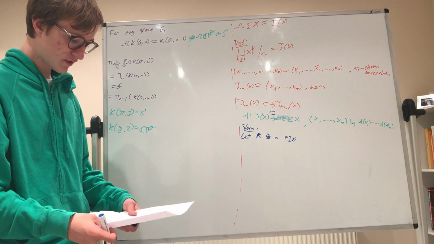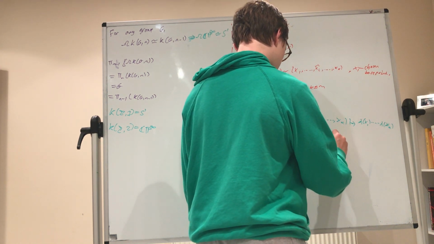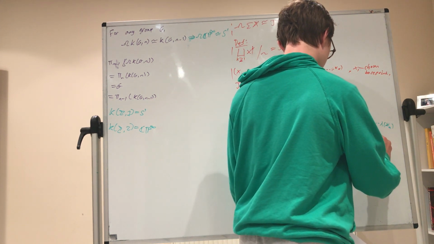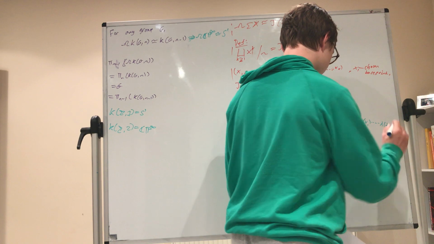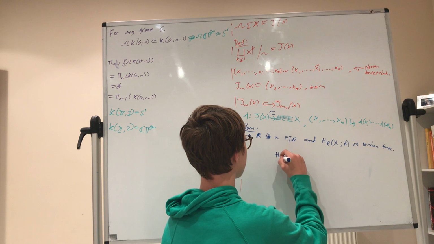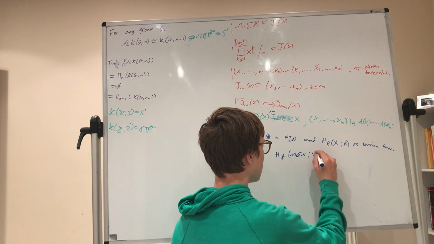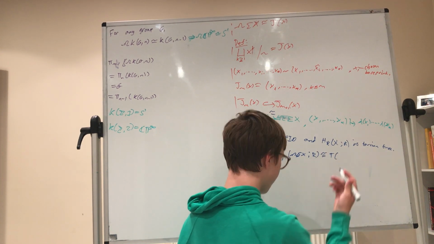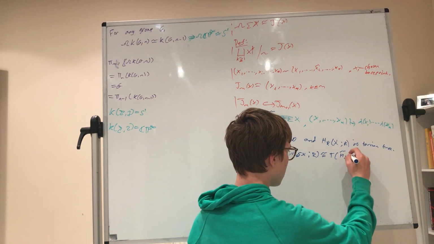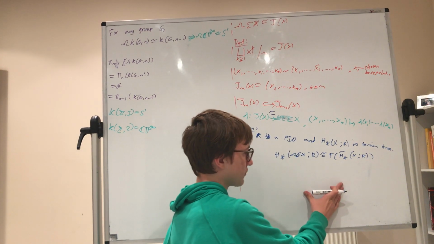And we need that the homology of X with coefficients in R is torsion free. Then we have that H star, the homology of the loop space of the suspension of X with coefficients in R, is isomorphic to T of the reduced homology of X with coefficients in R, where this T denotes the tensor algebra.